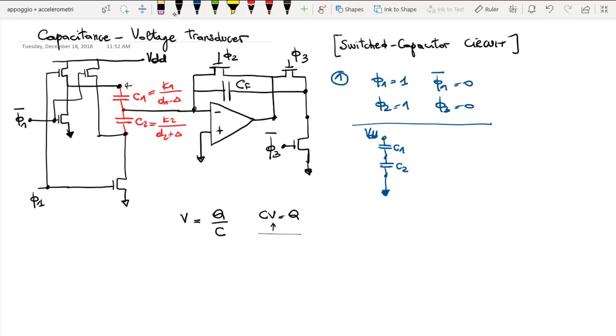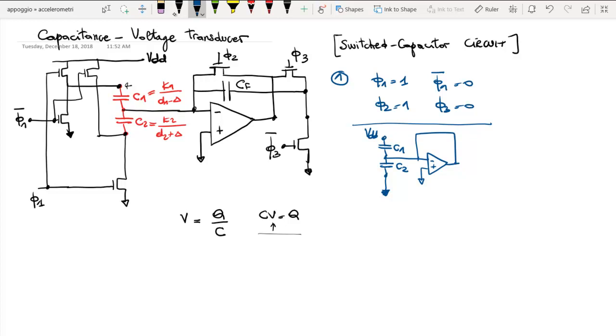And so this is the amplifier. Then phi 2 is 1, which means that the inverting input is connected to the output, and phi 3 is 0.